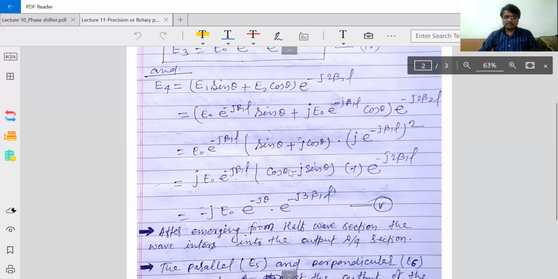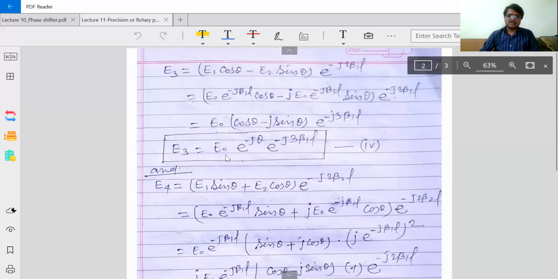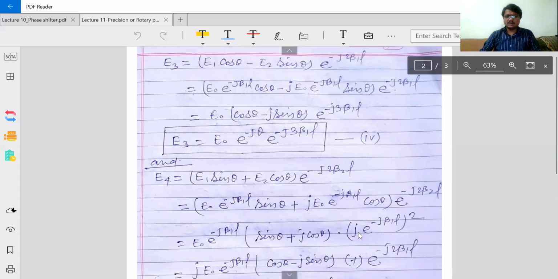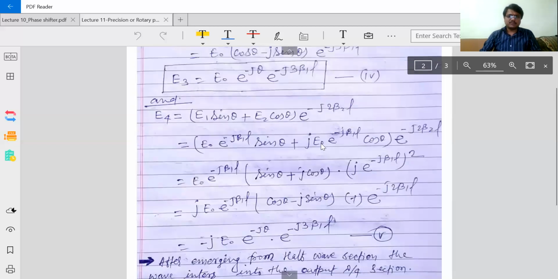Now it is okay, it may be written as e to the power minus j theta, because j should be with sin, then only we can write it in exponential form. But j is here, j E naught e to the power minus j theta e to the power minus j 3 beta 1 L, we have calculated for E3, and here also it is minus j E naught e to the power minus j theta e to the power minus j 3 beta 1 L. So what is the difference?